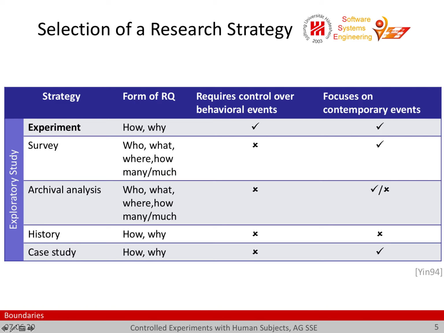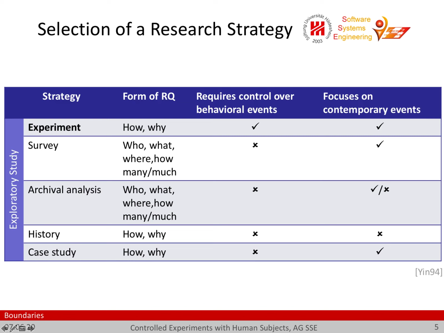And we will see later on as one of the fundamental points of an experiment that we control specific aspects of influences and then we understand how people react to that. And other kinds of techniques like surveys or archive analysis, history analysis, and so on, typically do not provide this.